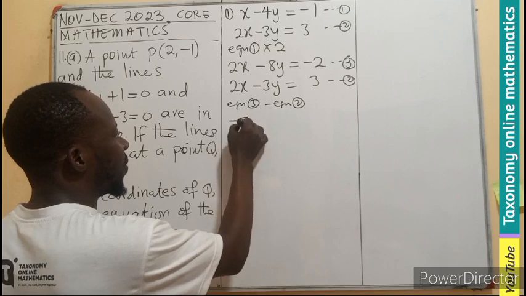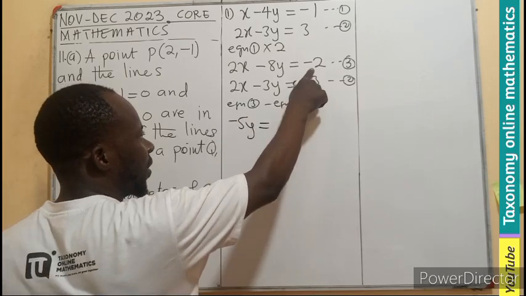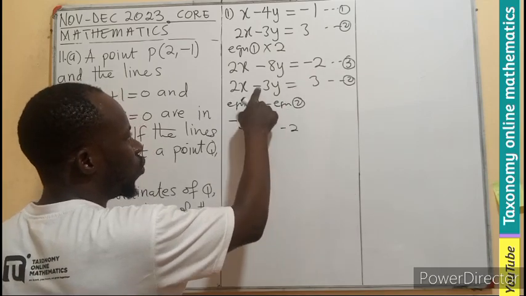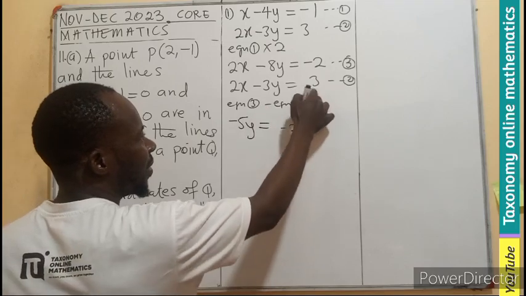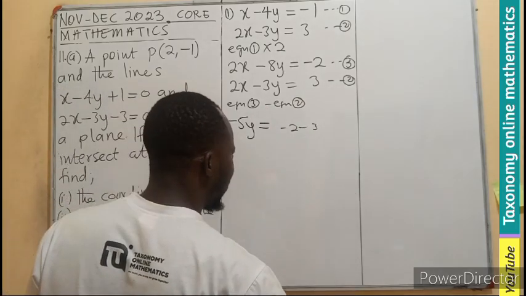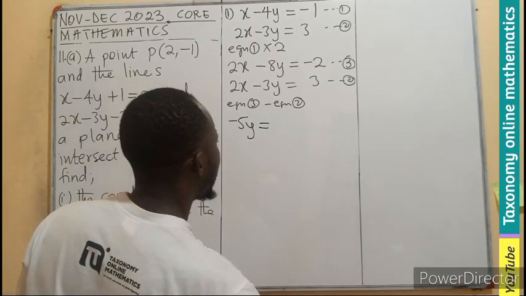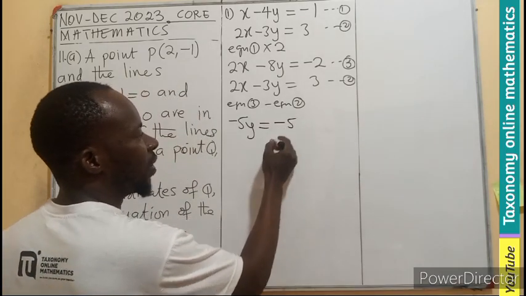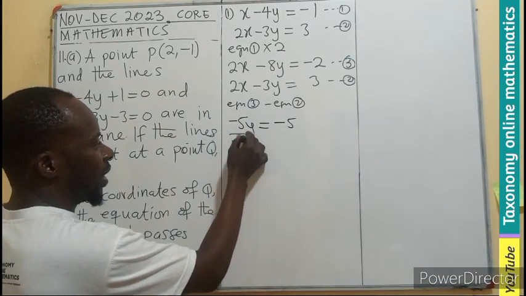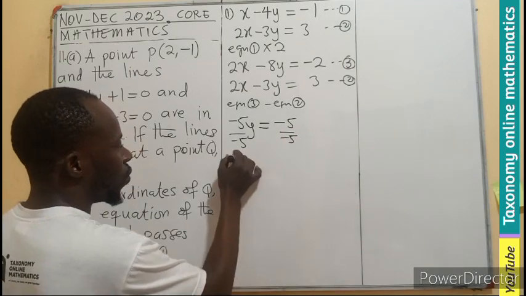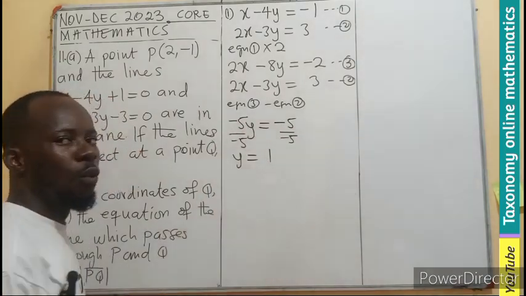So I have -5y equals -2 minus 3, which I believe gives us -5. We divide by -5, so y will be equal to 1.